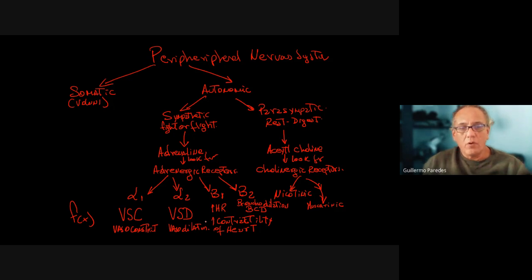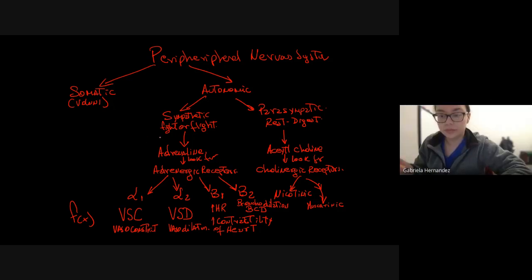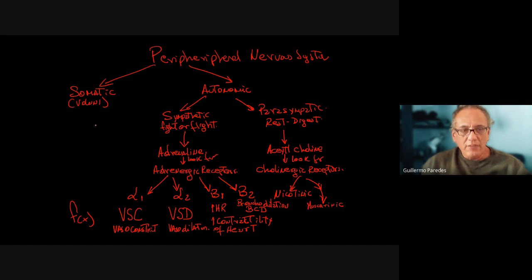All right, so we talked about this before, no, right? This is new, right? Yes, it's new. Okay. Everybody tell me how many types of receptors we have in the sympathetic adrenergic receptors. Alpha 1, alpha 2, beta 1, beta 2. Everybody repeat, please. I want to hear everybody.